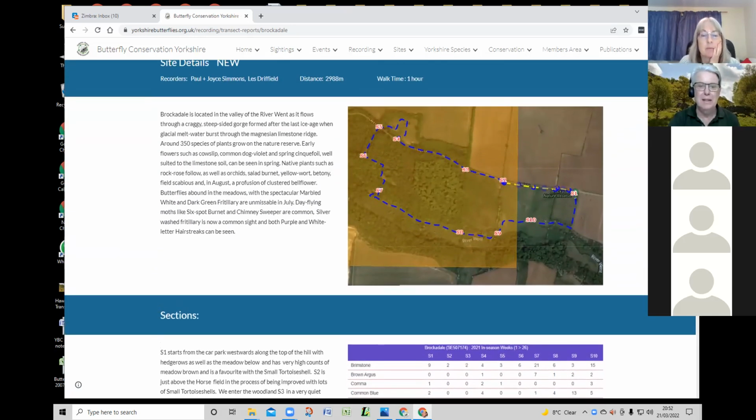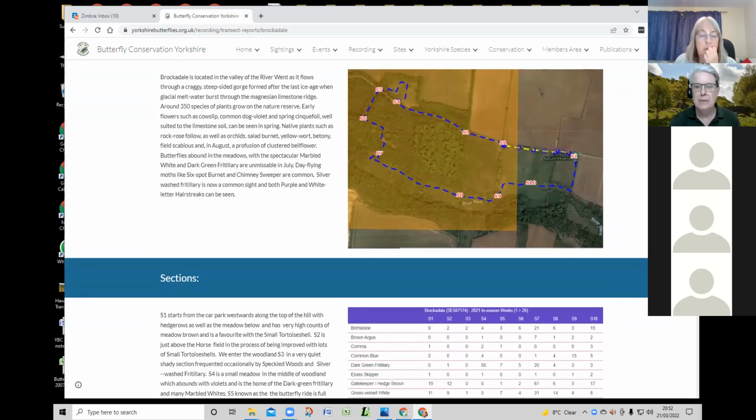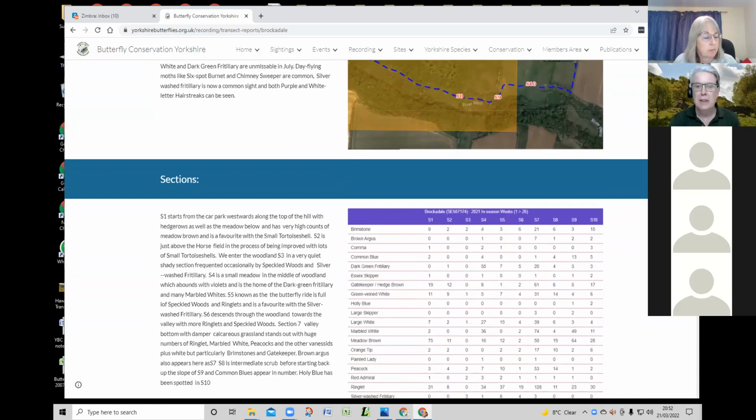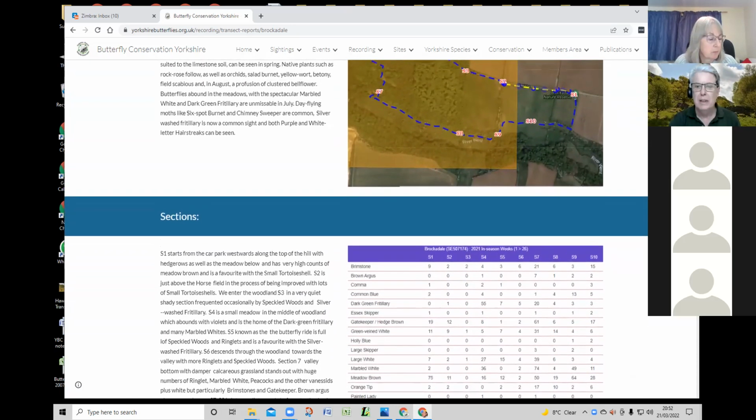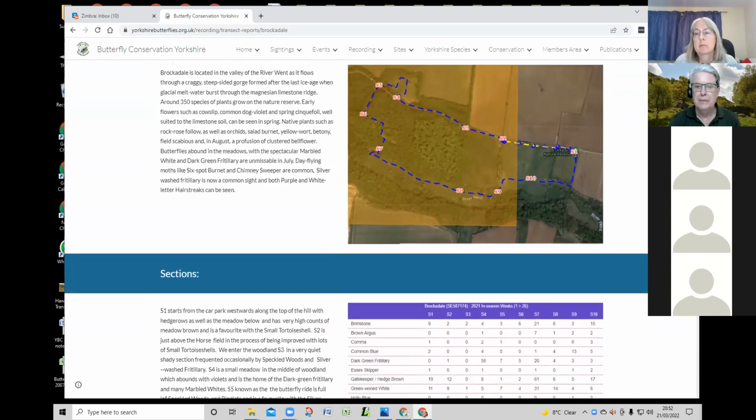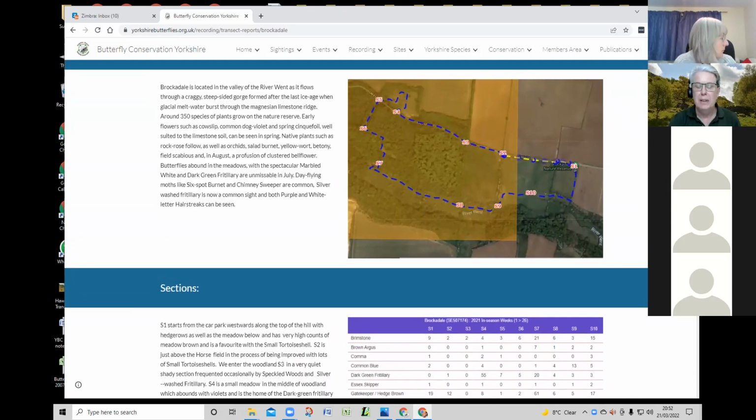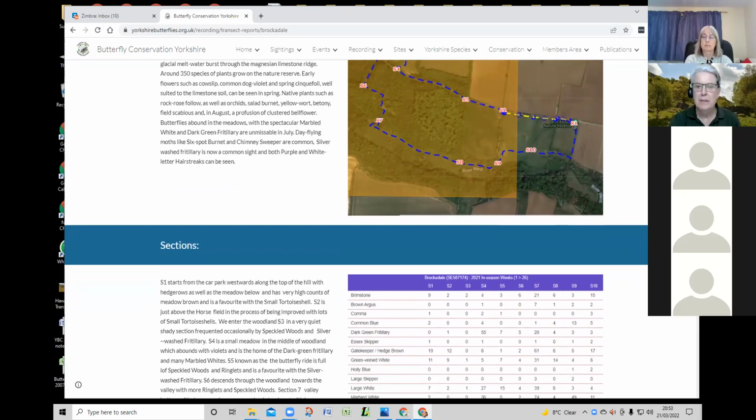We've been recording butterflies in Brockadale for, I don't know, nearly 20 years, but we didn't cover the same area each time we walked through. It was a much bigger area. So we're a bit unsure about the advantages of a transect in terms of telling us what the Brockadale butterflies are, because we're missing some chunks of the reserve by just doing the transect.